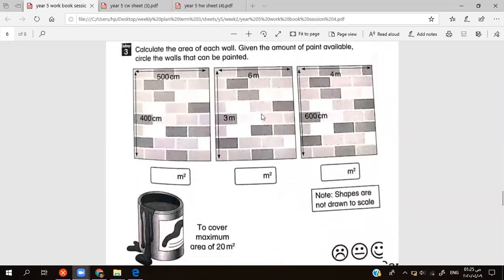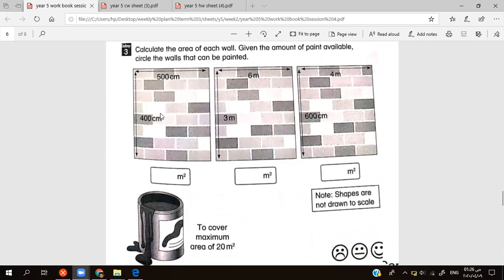Okay, let's do this one. Here, he gave me a paint, and this paint can only cover 20 meters squared. And he wants to see if I can paint each wall or not. But you must watch out for something.